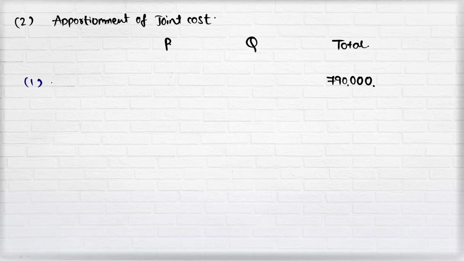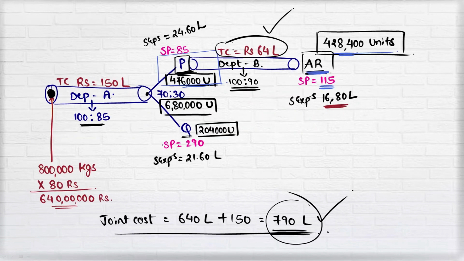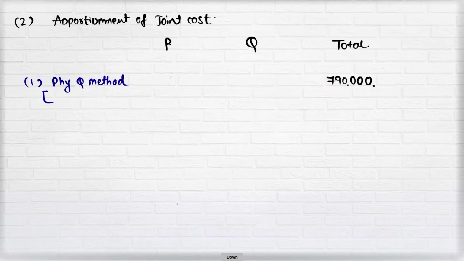On the first method, physical quantity method, should I use the ratio of 4,28,400 is to 2,04,000 or 4,76,000 is to 2,04,000? 4,76,000 is to 2,04,000. These units are not important to apportion joint cost of P and Q. So 476 is to 204.